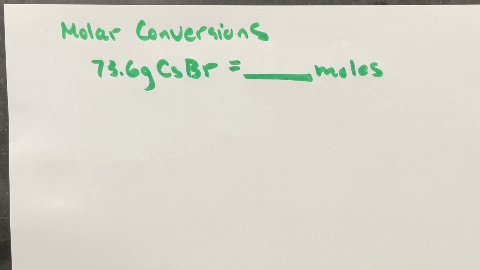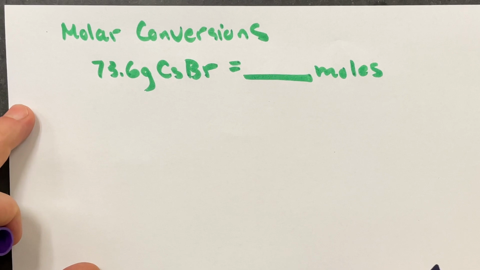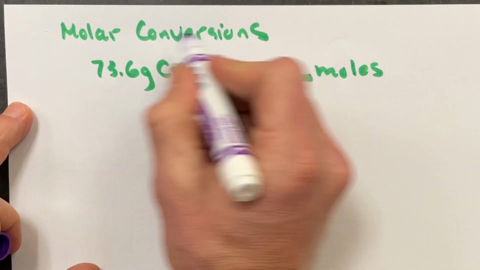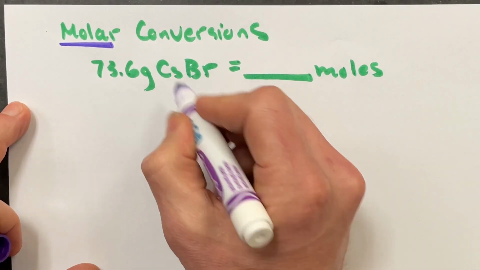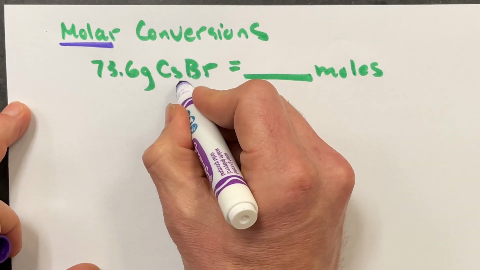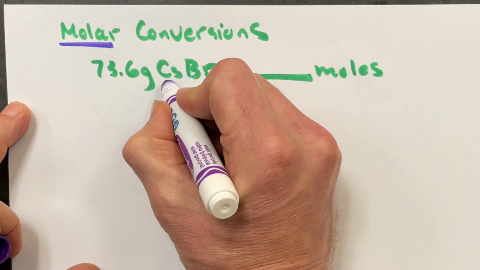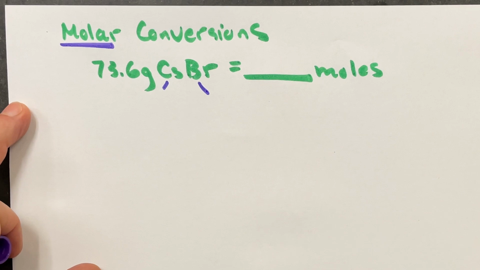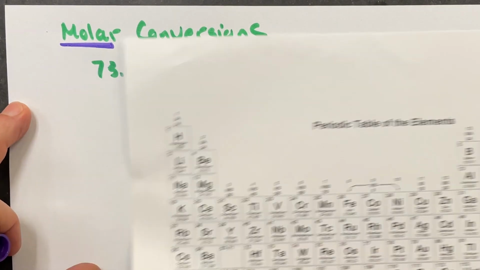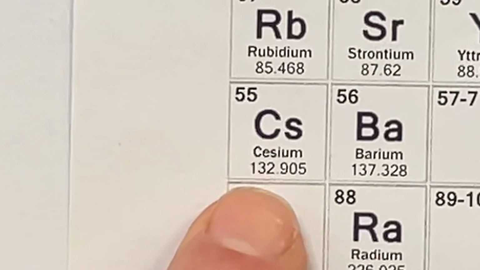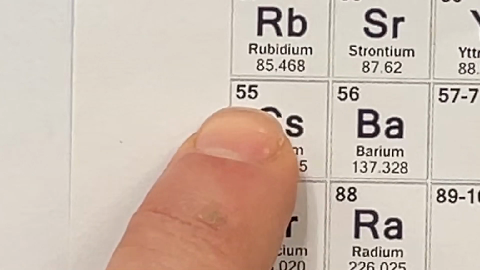The first step that I find really useful when I'm doing these is I always want to write down the molar mass. Whenever I'm doing molar conversions of any kind, even if you don't end up using it, write down the molar mass. So cesium and bromide, it's a 1-to-1 ratio, and cesium is right here. 55 is the number of protons.